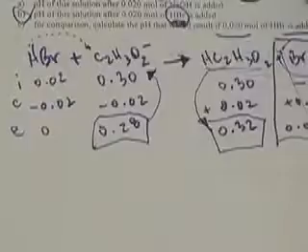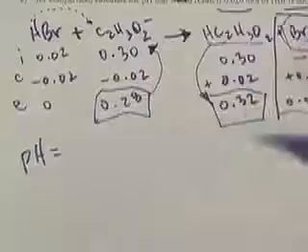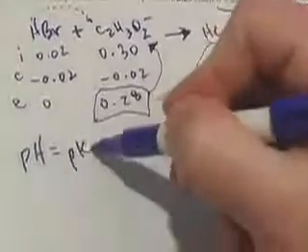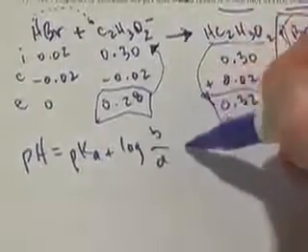If you have a conjugate acid-base pair, there's a really cool equation you can use to find the pH directly. The equation is called the Henderson-Hasselbalch equation, and it works for all buffer solutions. And the equation says that pH is equal to pKa plus the log of base over acid.